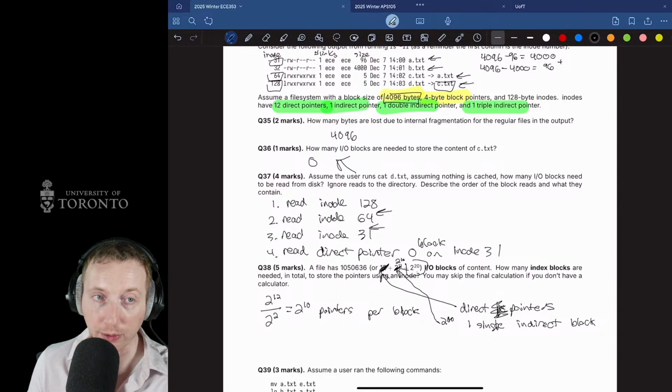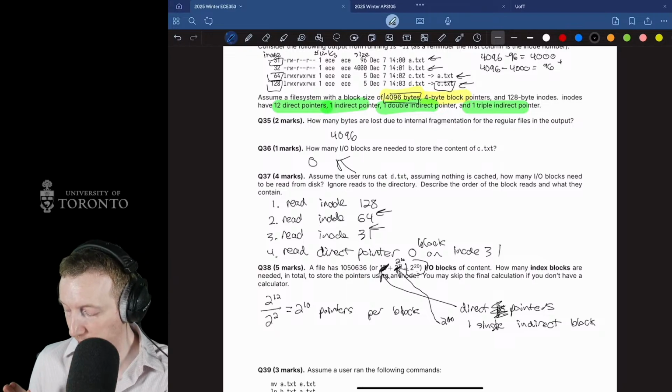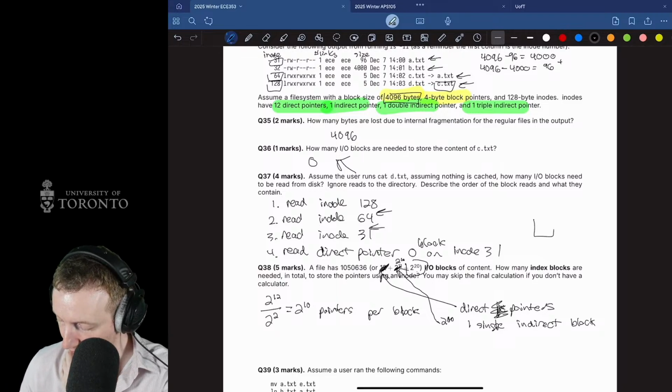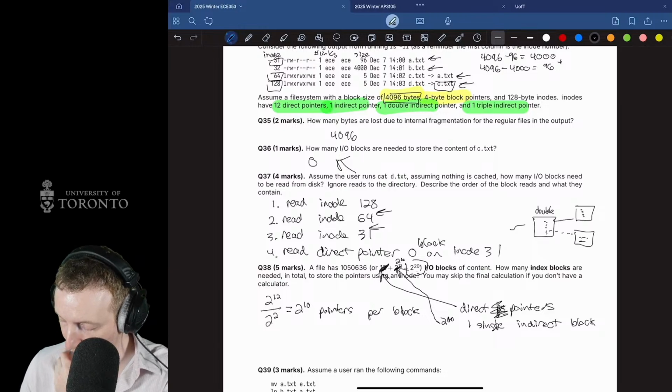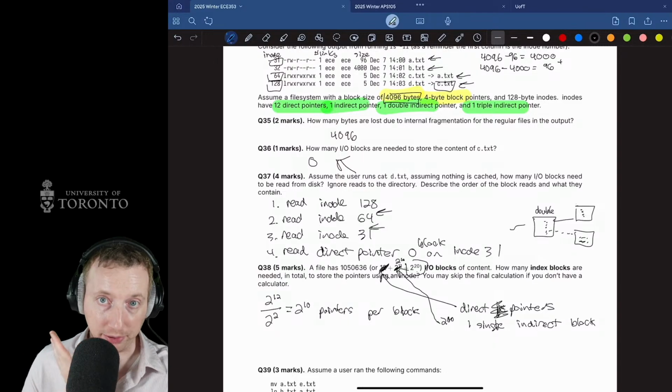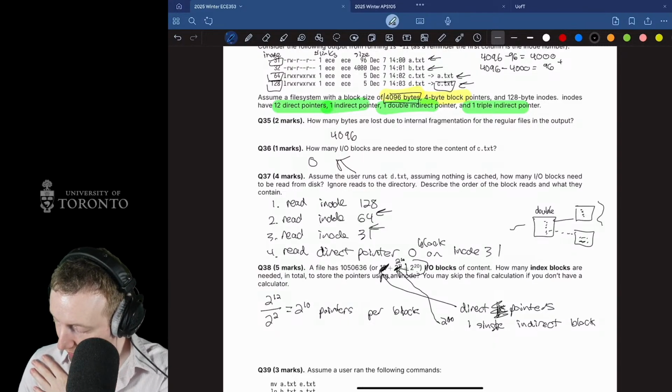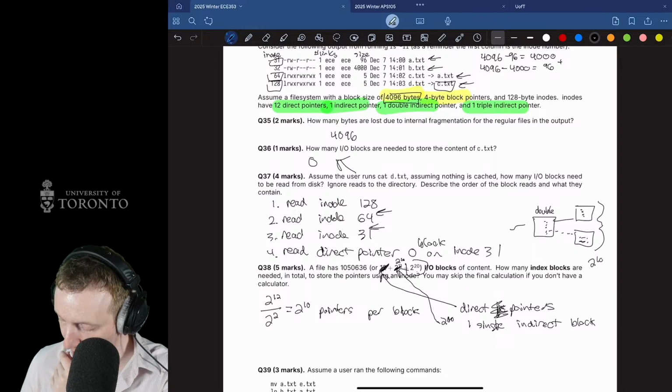And then 2 to the 20 can be covered by a single double indirect block, and then each of those would point to, so for the double, we'd have 1 double indirect block, and that would be full of entries if it can point up to 2 to the 10 things, and each of those entries would be pointing to a single indirect block, right? Because that's how levels work. And if they were full, we'd have 2 to the 10 of them.